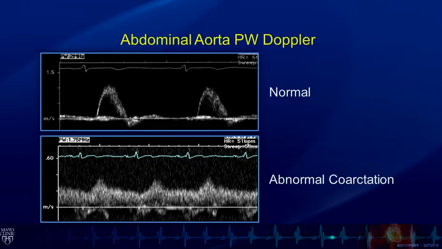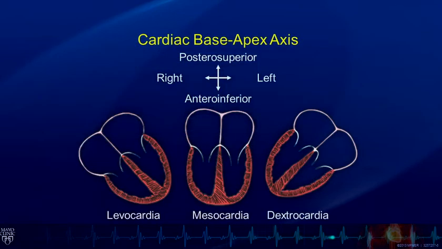In this panel, you can see that the antegrade velocity is low, about 0.4 meters per second. There's a delay in the upstroke and persistent flow in diastole. And indeed, this is consistent with coarctation unless otherwise demonstrated. So essentially always consistent with important obstruction in the thoracic aorta.